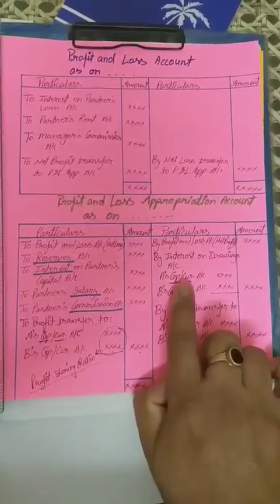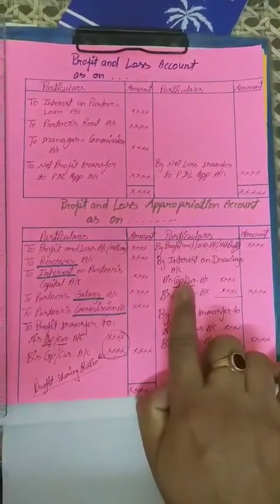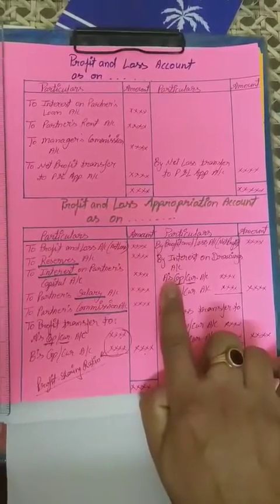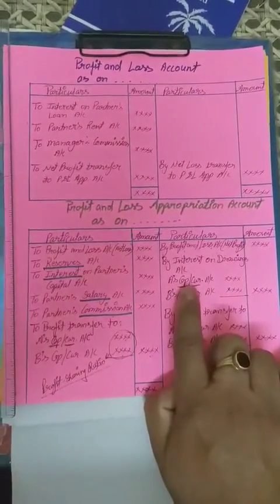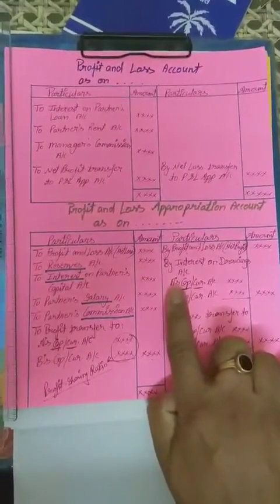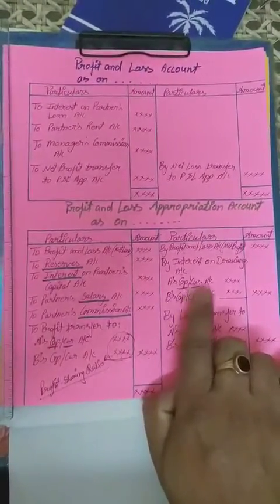According to the type of method we are using, we have to show it. If it is the fluctuating capital method, we will write only A's capital. If it is the fixed capital method, we have to write A's current account, only one, not both.